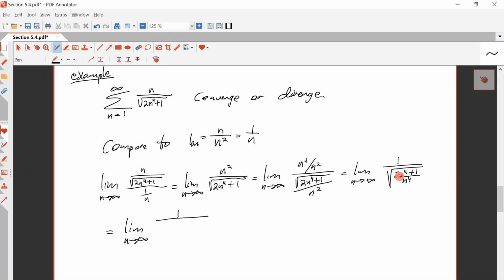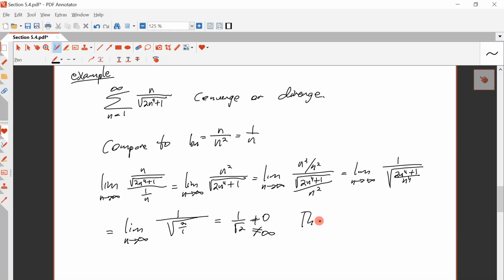Polynomials of the same degree, fourth power, fourth power. So the limit is just the ratio of the leading coefficients. So this limit is 1 over root 2, which is not 0, and it's not infinity.